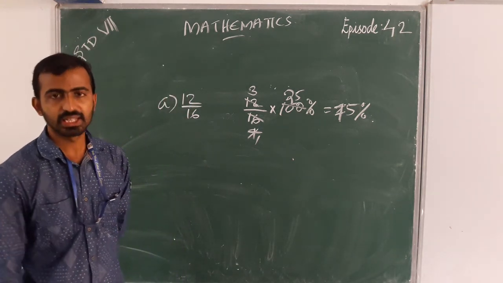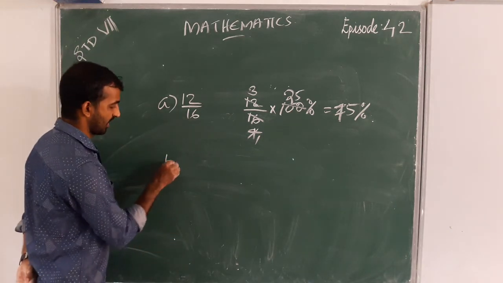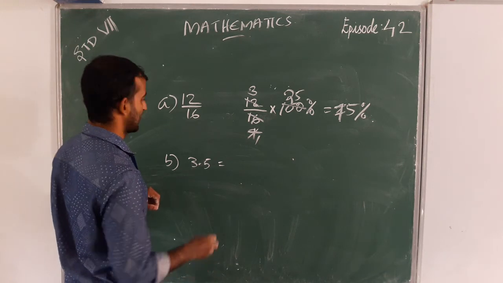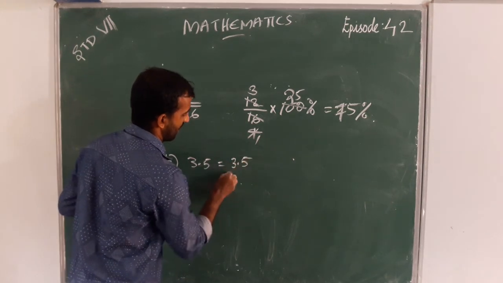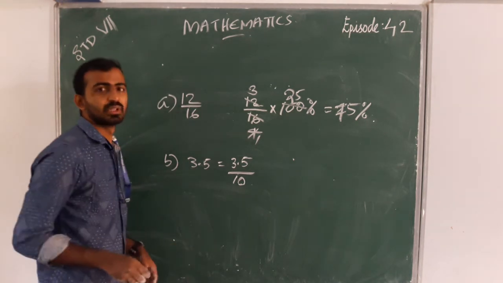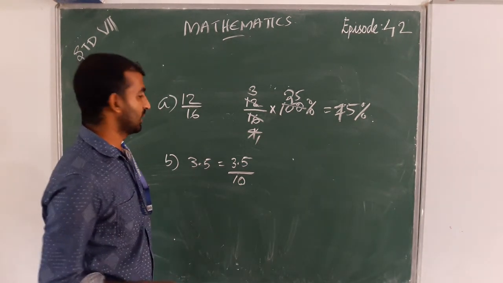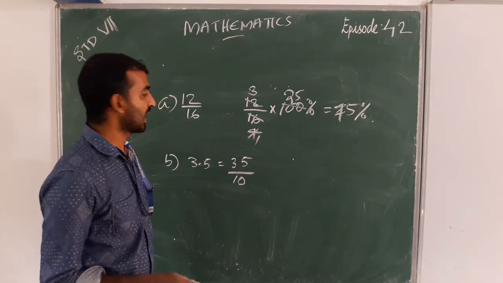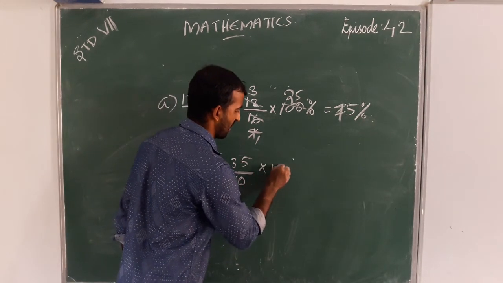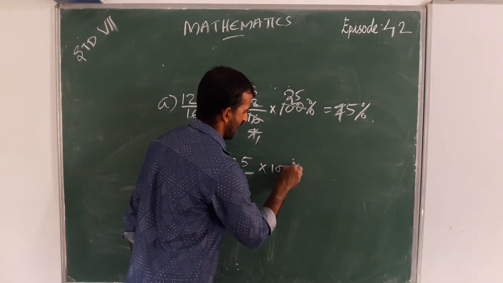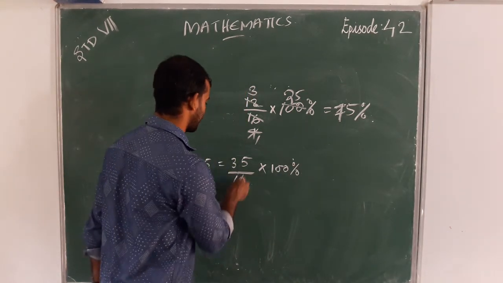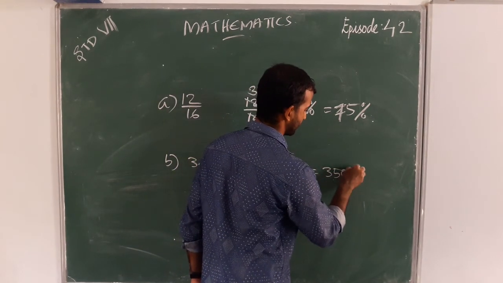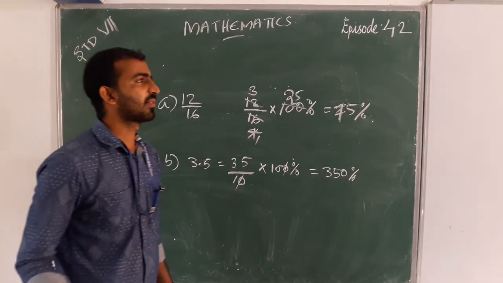What is the answer? 3.5 means 35 by 10 into 100%. That is we get 350%.